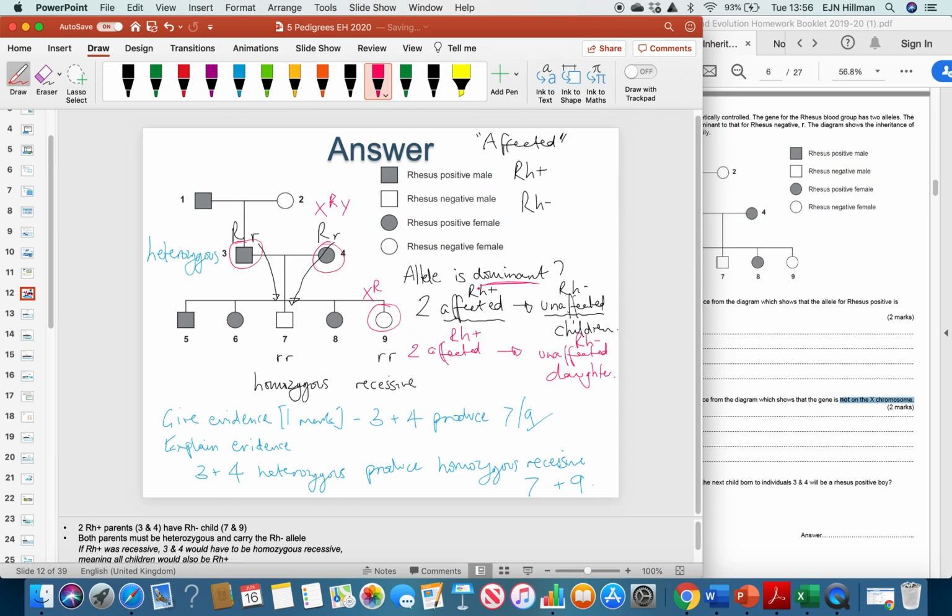So we've already proven that the allele is dominant. If we know that the allele is dominant, which causes rhesus positive, receiving that dominant allele from her father would immediately make her, regardless of what she received from her mother, rhesus positive.